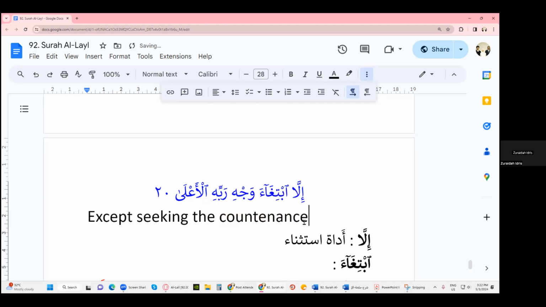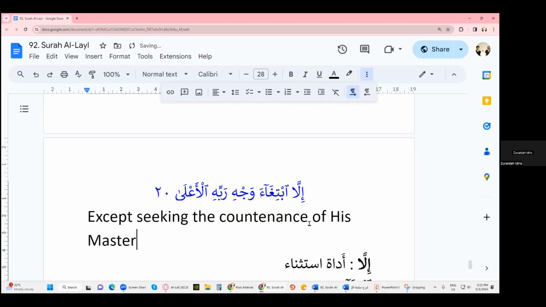That's the nice thing. So this is a clear-cut case of istisna, exception: except seeking the countenance of his master, the Most High.